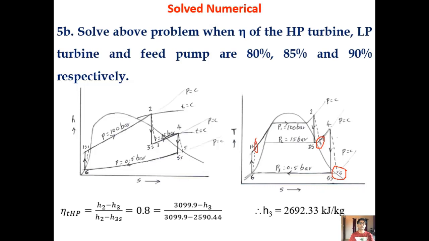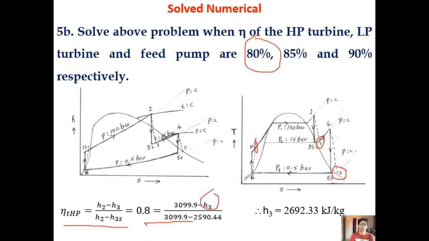So in addition to the previous calculations, you have to find out H3, H5 and H1. That's the only difference. Now to find out H3, let us use the first turbine efficiency, that is 80%. So eta HP turbine is (H2 minus H3) divided by (H2 minus H3s). That is nothing but 0.8, and substitute for H2, H3s. So H3 is the only unknown.